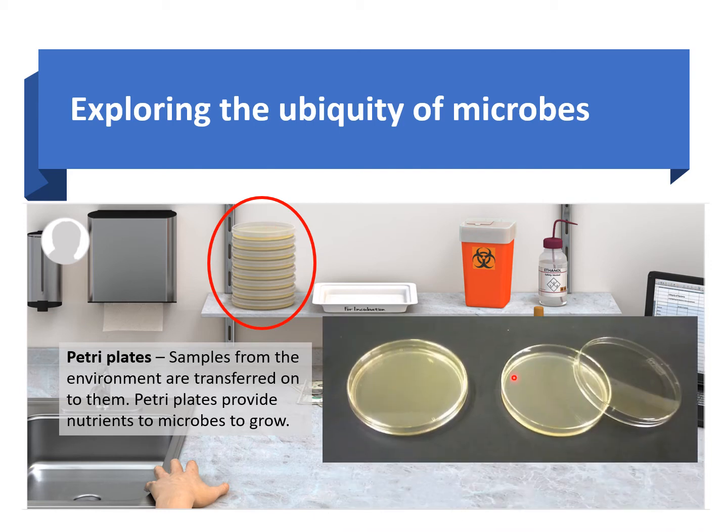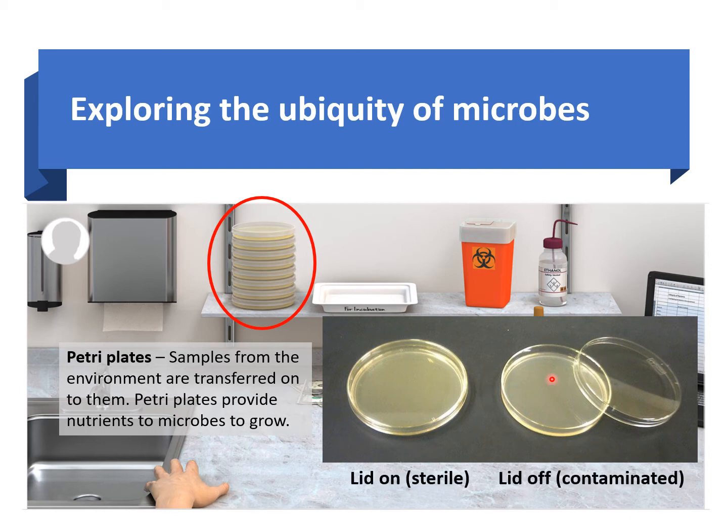So again, this is how a Petri plate looks. As I said, they're shallow. They have a lid right here, and this is the bottom of the plate. Right here, you can see that it's shallow. What we usually do is pour the medium inside of that dish, and this is the medium right here. Do you see that jello-like structure?